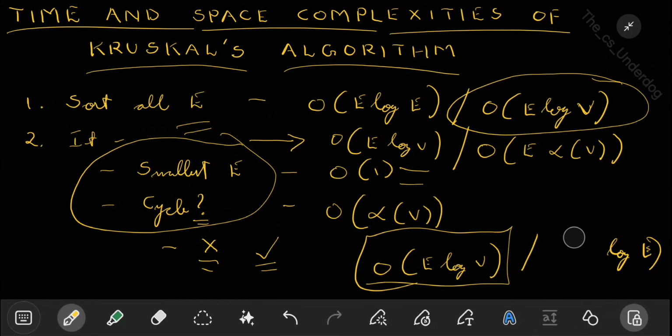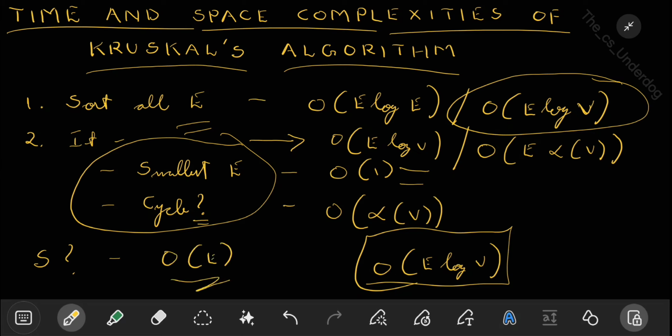Okay. So that is it about the time complexity. What about the space complexity? Coming to space complexity, the most space consuming tasks here: one is when you want to sort all the edges. Sorting all the edges also means you want to store all the sorted edges separately. Storing all the sorted edges takes order of E space.